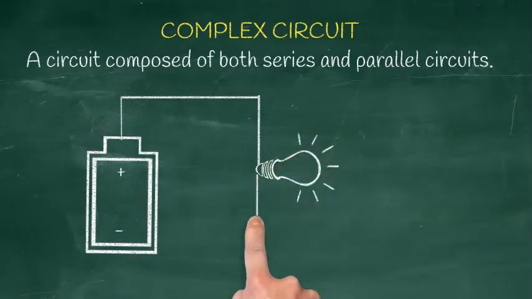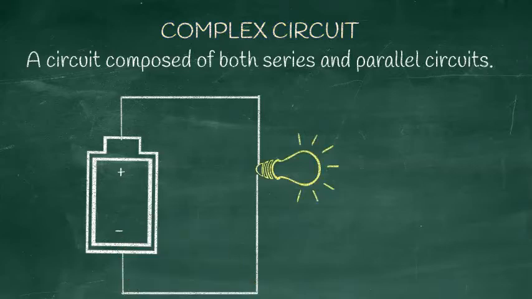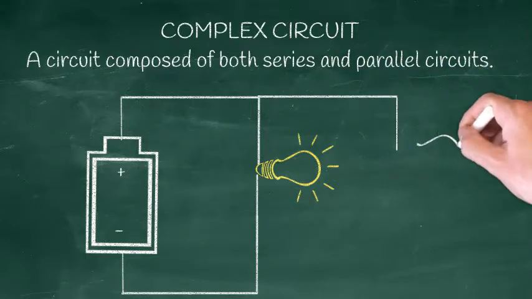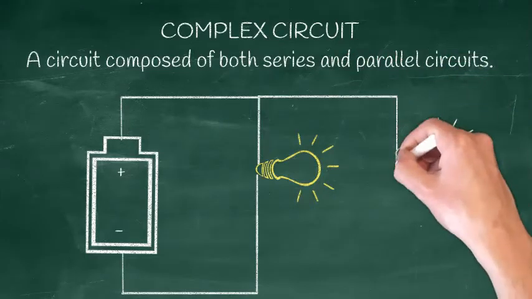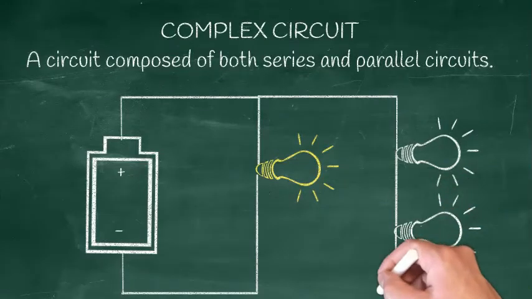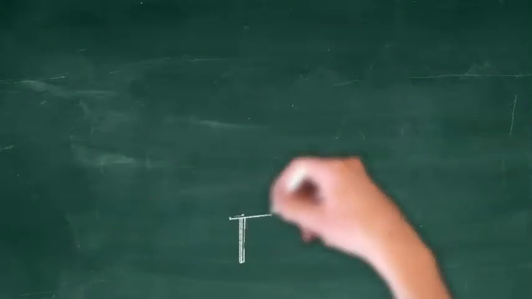We're going to have our light bulb, and we're going to connect those wires to our batteries, and our light bulb comes on. Now we're going to add a parallel circuit where we're also going to attach two light bulbs in series. And as we attach the wires, those light bulbs will come on.